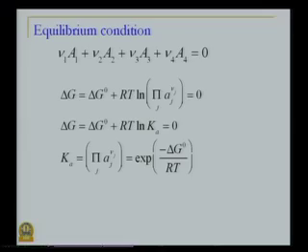Friends, let us continue our discussion on thermodynamics and chemical reactions. To recap what we saw in our last session, if we have a reaction of the kind summation nu j A j equal to 0, then the condition of equilibrium works out to be summation nu j mu j equal to 0, where mu j is the chemical potential.